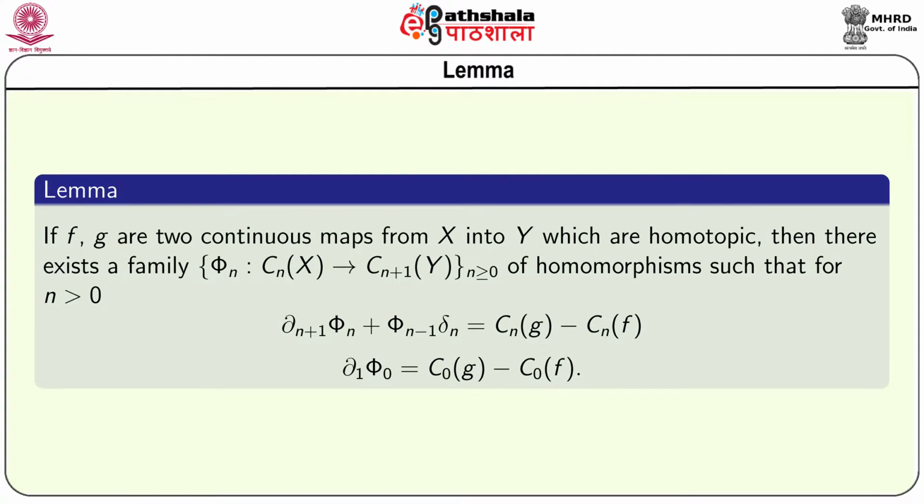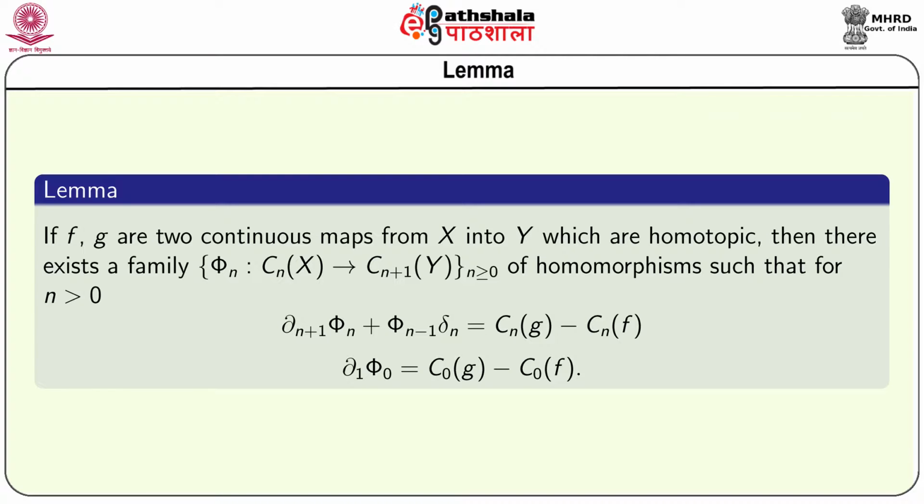With the help of this lemma, we can prove the second lemma: if f and g are two continuous maps from X into Y which are homotopic, then there exists a family of functions from Cn X to Cn plus 1 Y for n greater than or equal to 0.